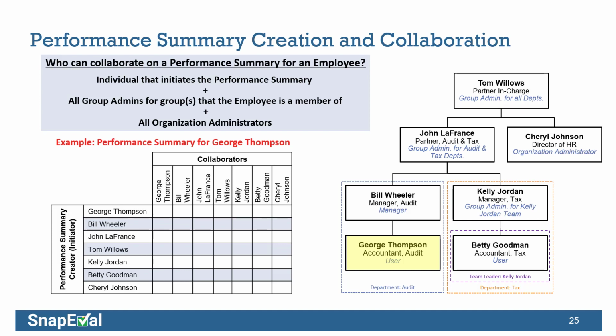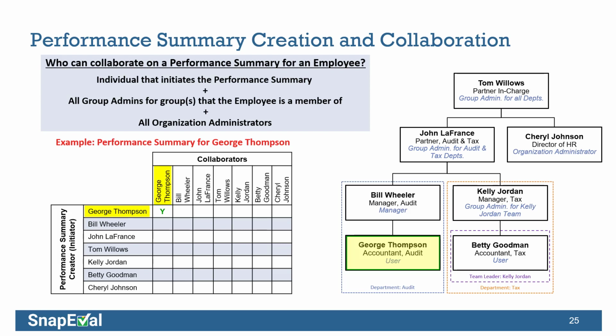So in our little table over here, on the horizontal axis, you see the person that's actually going to initiate or create the performance appraisal. And then you can see all the people that are allowed to collaborate in that process according to the columns that you see here. So let's just say, for example, George Thompson himself starts his own self-performance appraisal.